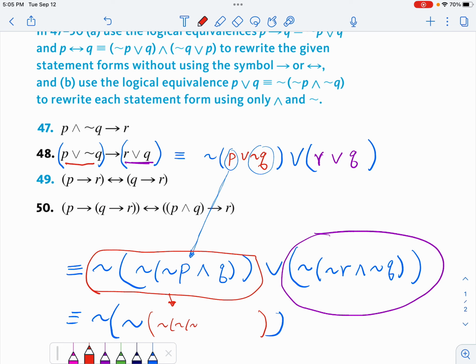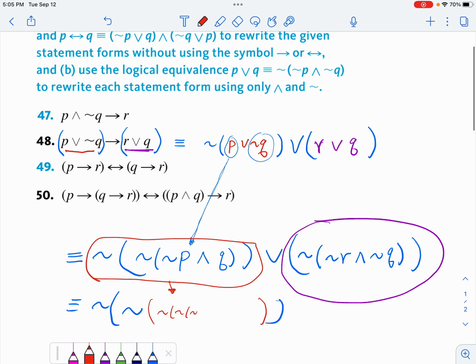I somehow wanted to simplify this a little bit, but I'm going to write not P and Q. And similarly, oops, I should not use or anymore, it should be and, the not of the second part.